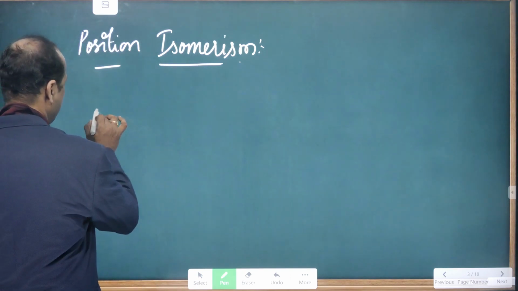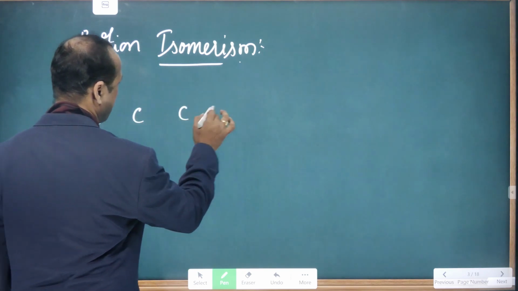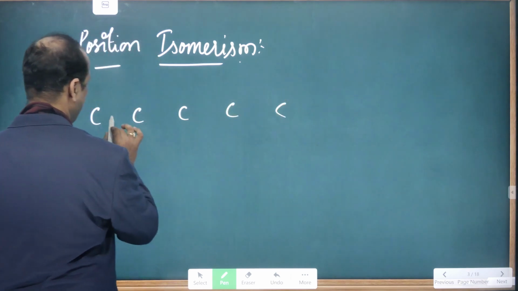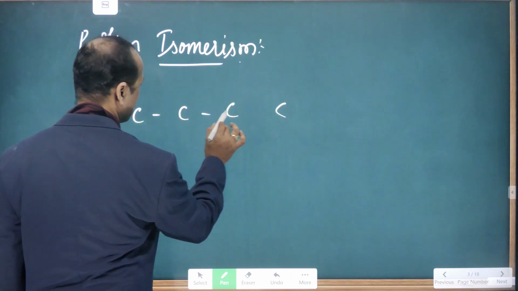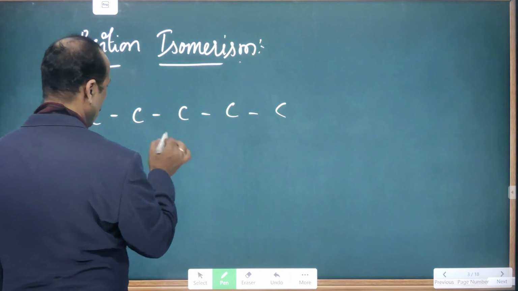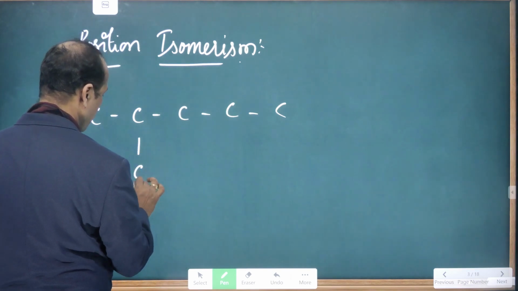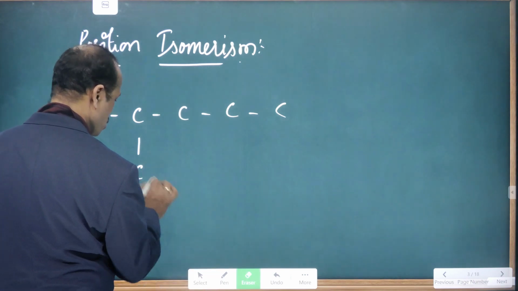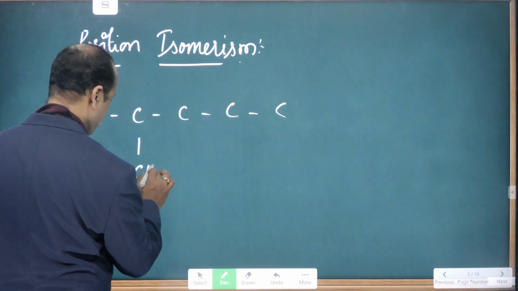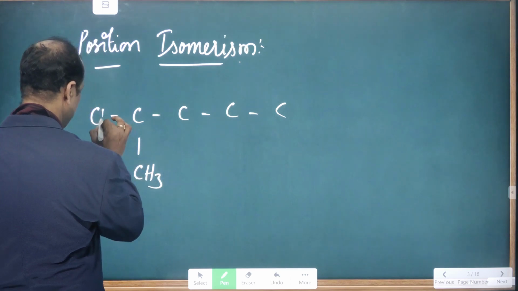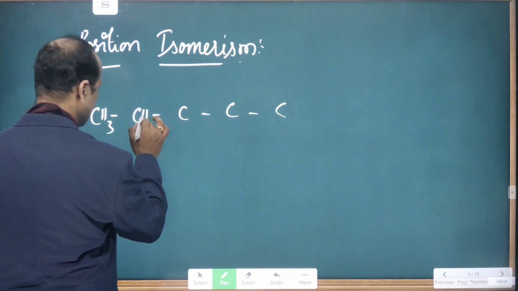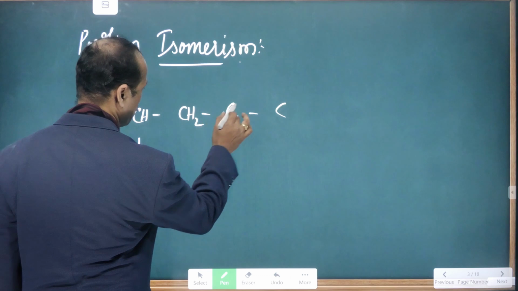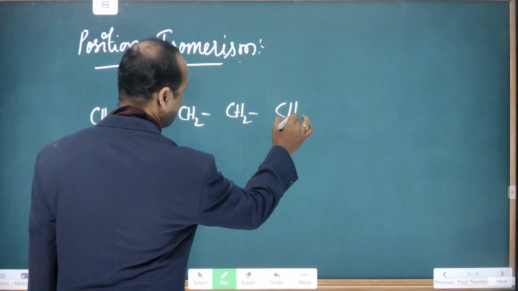How can I write it? 1, 2, 3, 4, 5 carbons are there with single bonds. Here I'll keep one more carbon and write H3. Now see here, this is H3, this is H, this is H2, this is H2, this is H3.